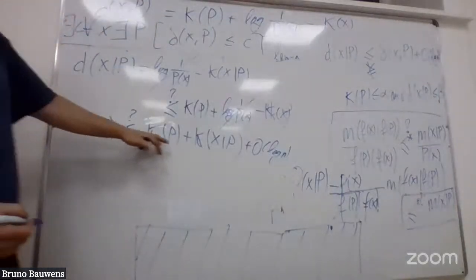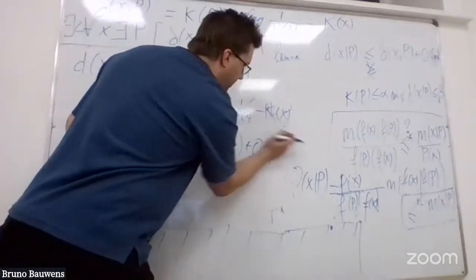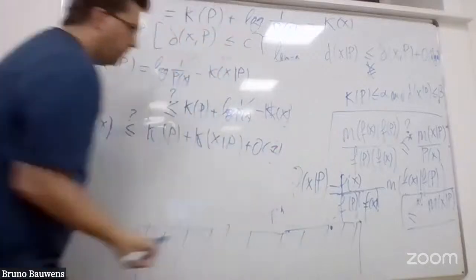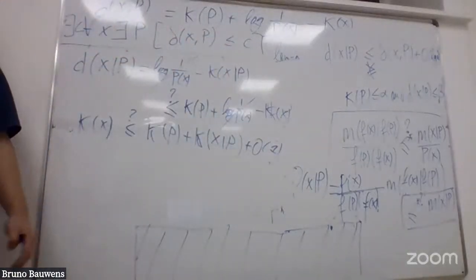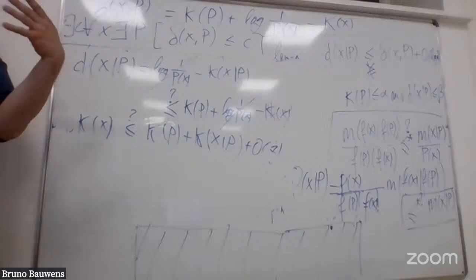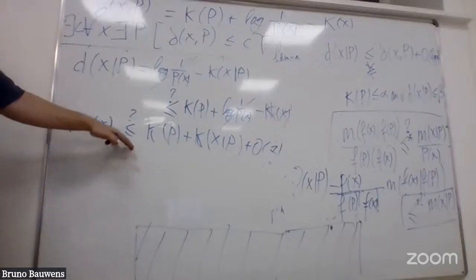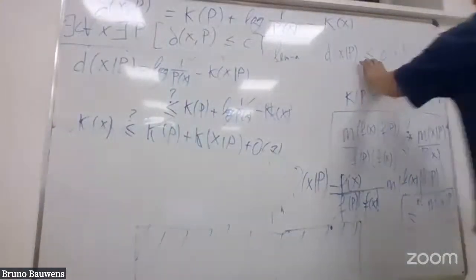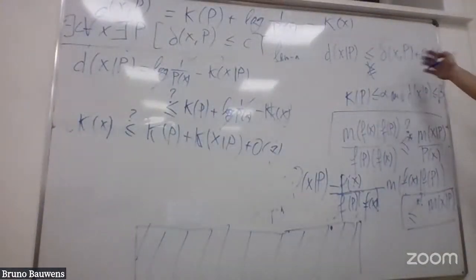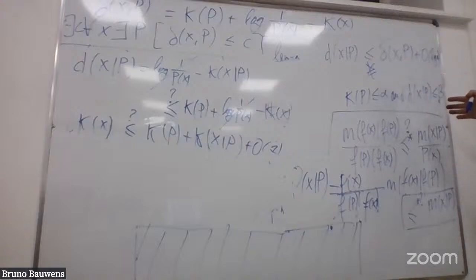Oh, no, this is prefix complexity, so I can just add O(1). For prefix complexity, we can concatenate programs. So in other words, we have proven this thing here. I just had to rearrange it and apply a concatenation of programs.